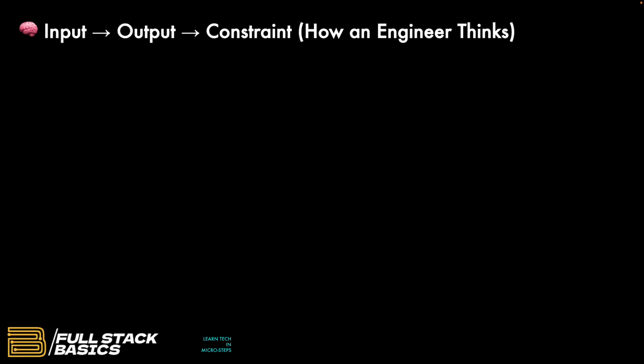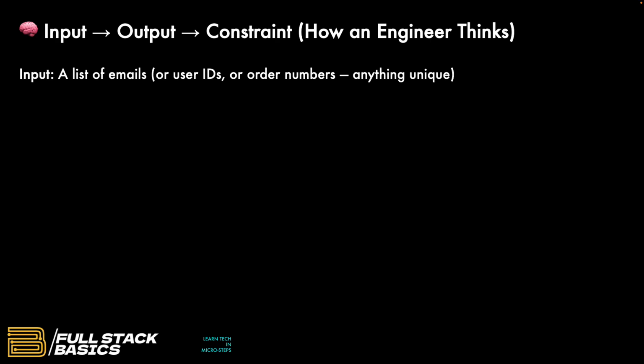So, let's think of this as input, output, and constraint so that we can start practicing how an engineer thinks before we even touch the code. So, our input is a list of emails, or user IDs, or it could also be order numbers. Anything that is unique.